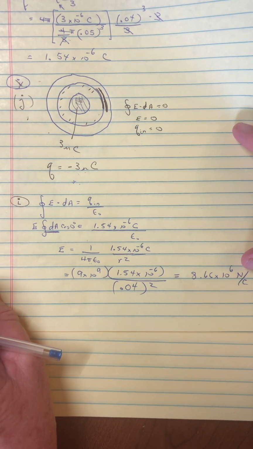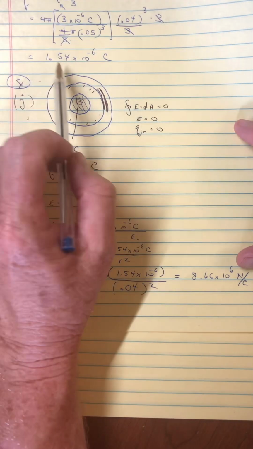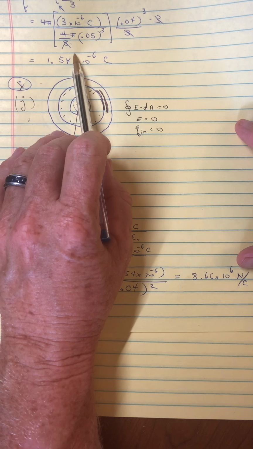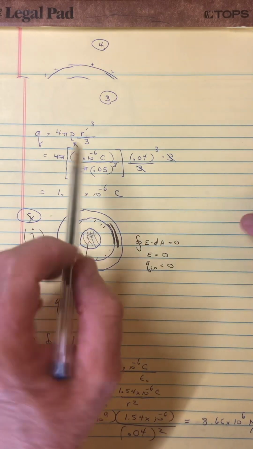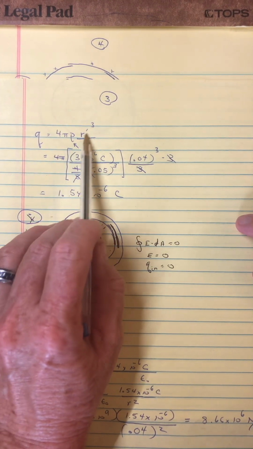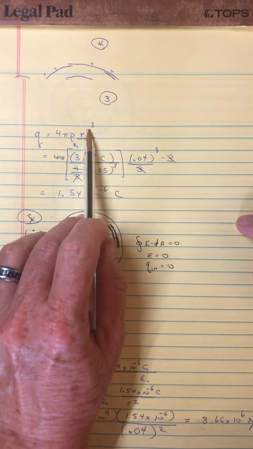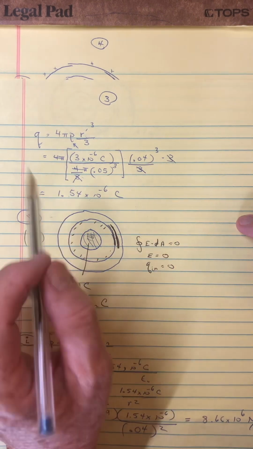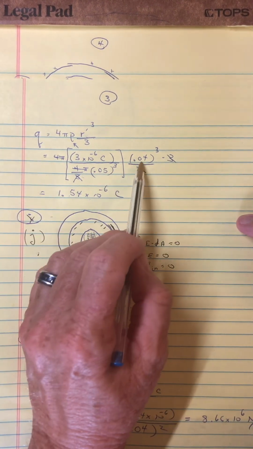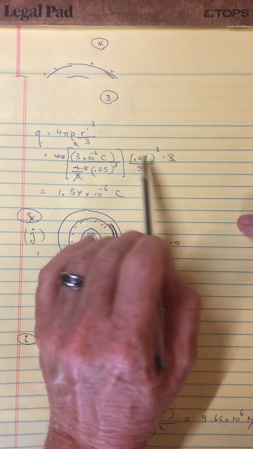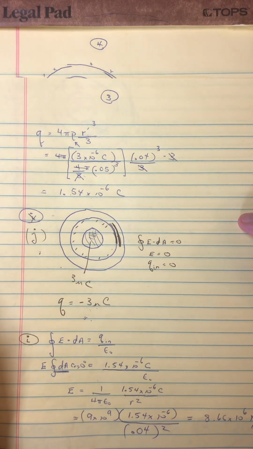And we did that by getting the amount of charge inside. And we said the amount of charge on the inside was related to this R prime, which we eventually set equal to 0.04. But if we were at some other distance, like 0.03 or 0.02, the logic would still be the same. It would just be a smaller number.